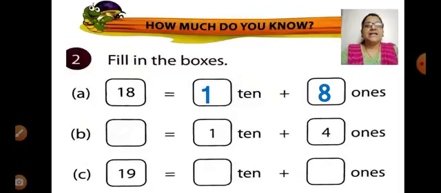Next, dash equals 1 ten plus 4 ones. What is 1 ten plus 4 ones, children? Yes, number 14. We have to write it in the blank box. Next, see. 19 equals dash tens plus dash ones. What will be the answer? Yes, 1 ten plus 9 ones.